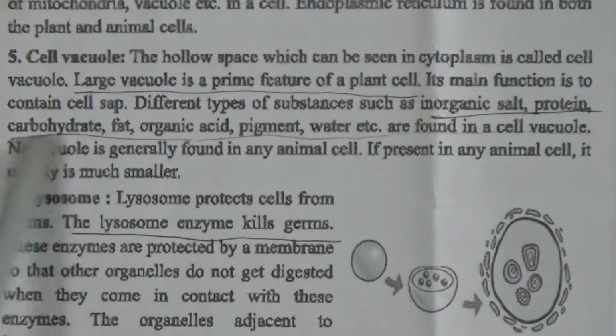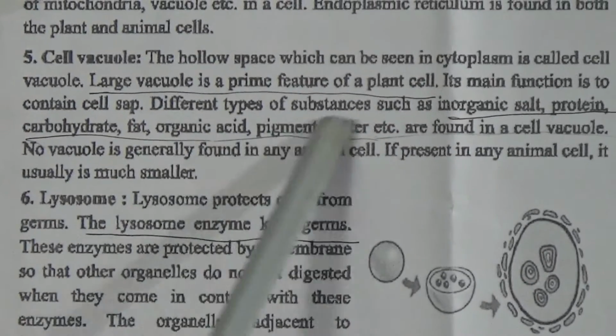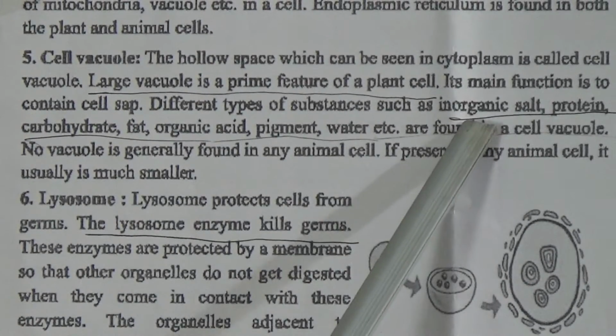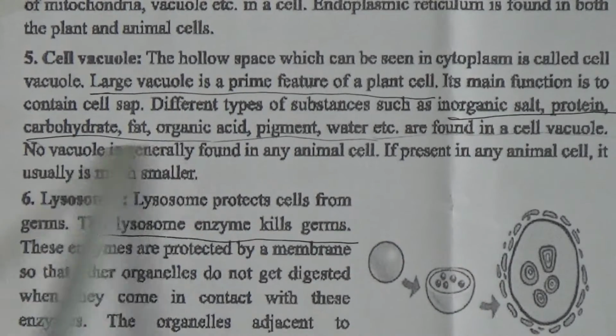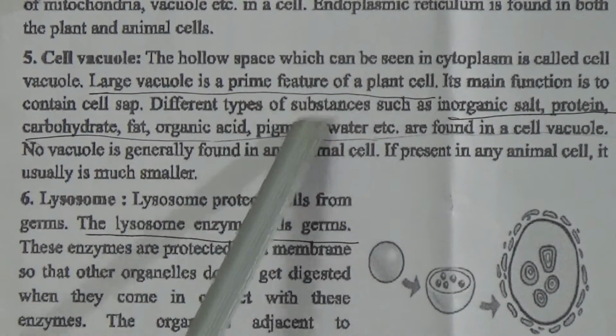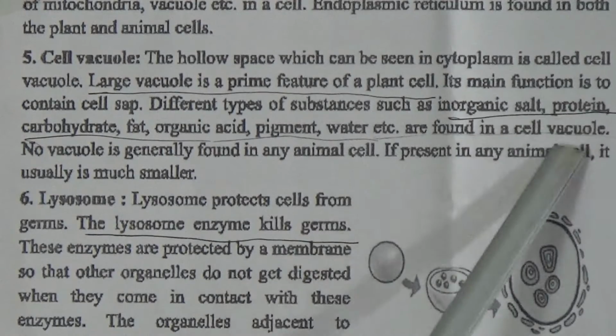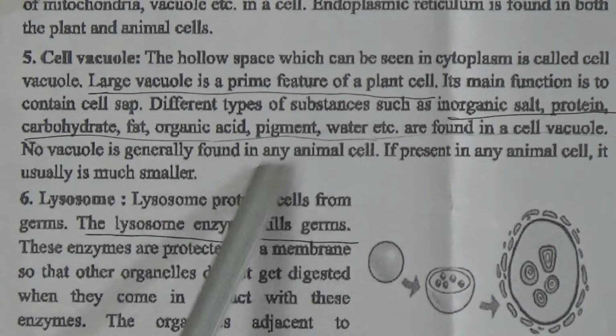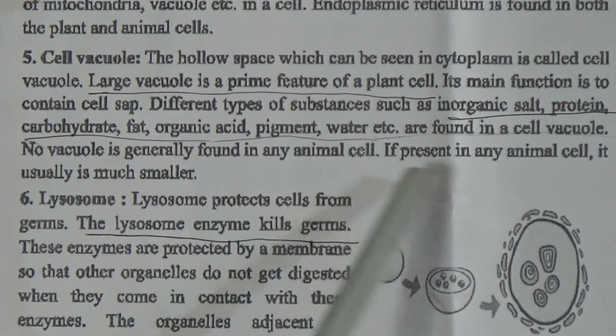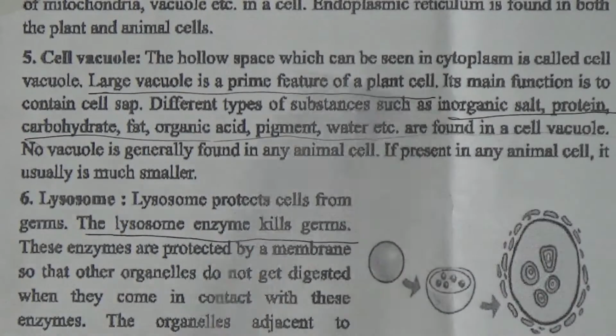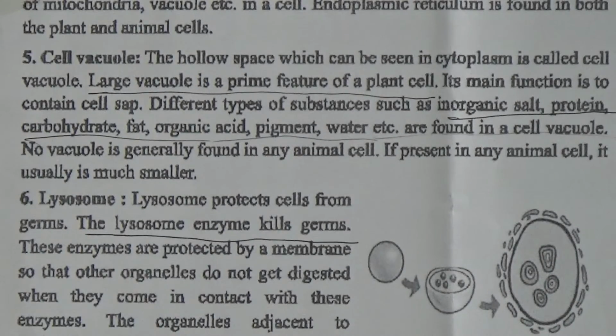Its main function is to contain cell sap. Different types of substances such as inorganic salt, protein, carbohydrate, fat, organic acid, pigment, water, etc. are found in a cell vacuole. No vacuole is generally found in any animal cell. If present in any animal cell, it is usually much smaller.